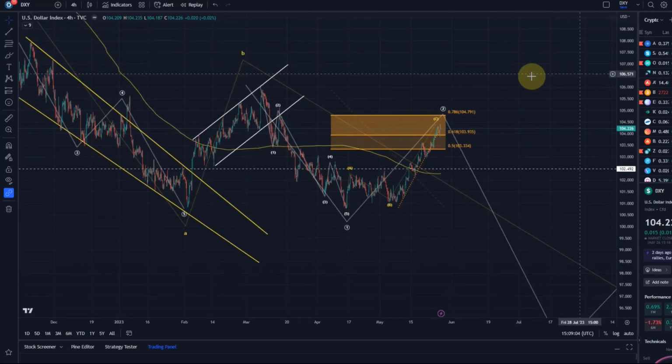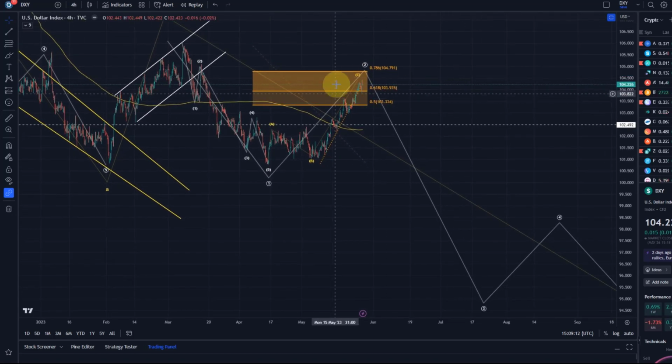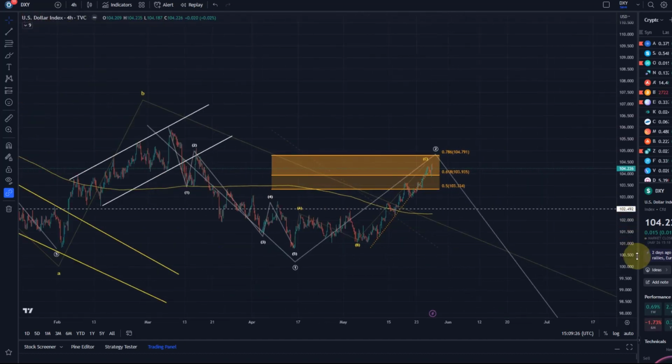The pivot is $104.79. A sustained break above that would take us to the second scenario I'm going to talk about. But at the moment, we haven't broken it. So what we need to see is a possible break to the downside, a bearish reaction, and that could send us down in a third wave. This is what I have on the chart.